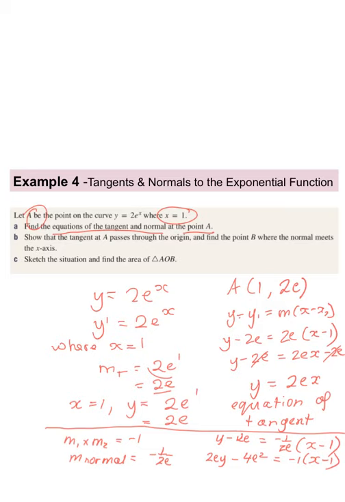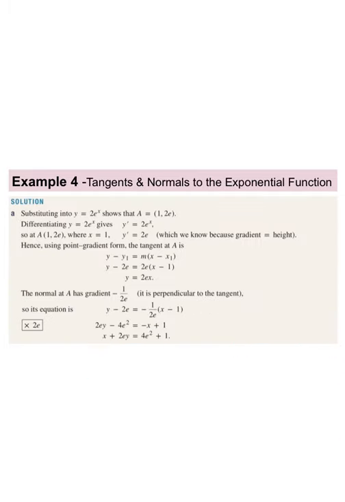Let's move to the solution on the next slide so we can finish off this example. So on the previous slide, we got to this point here where we were multiplying both sides by 2e, and we ended up with 2ey minus 4e squared is equal to -1 outside of x minus 1, which we can multiply everything inside the brackets by -1 and end up with -x plus 1.